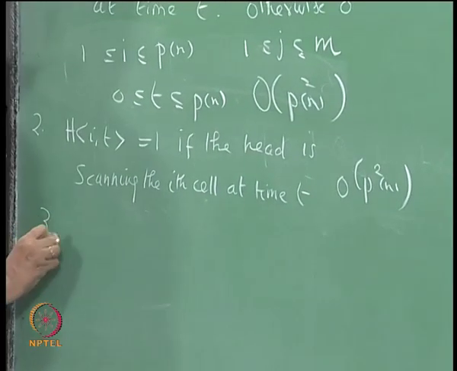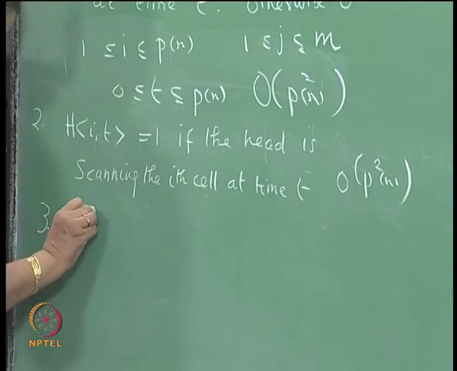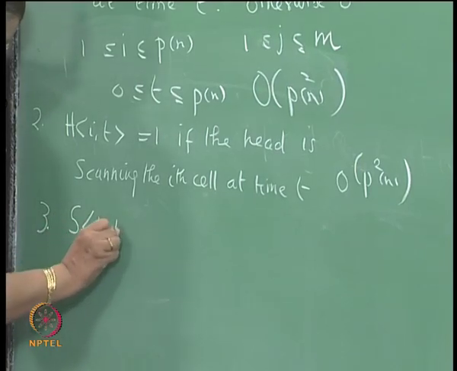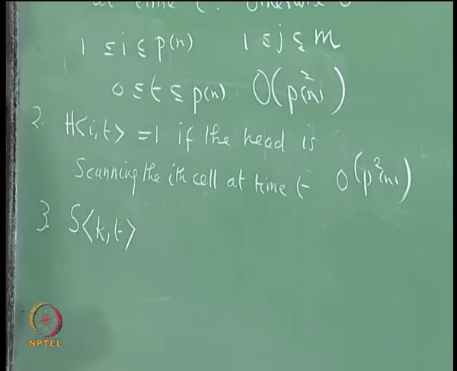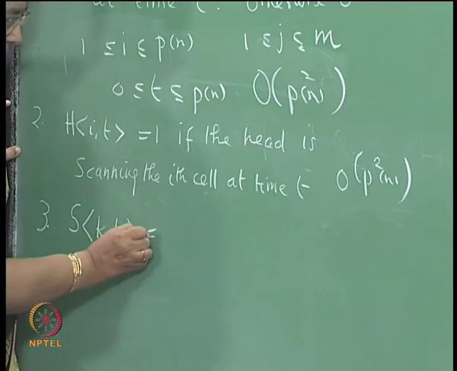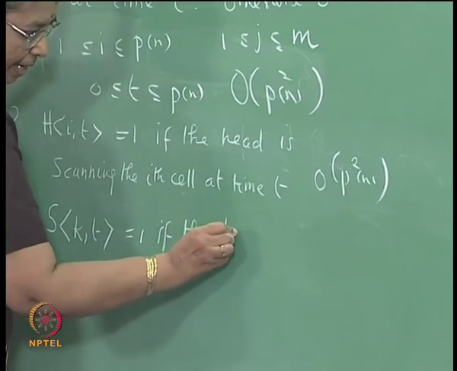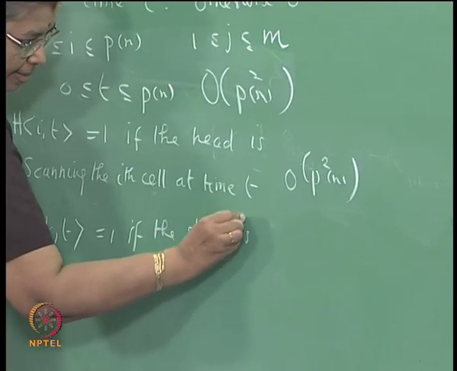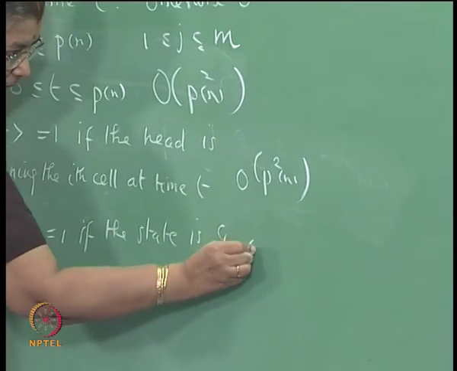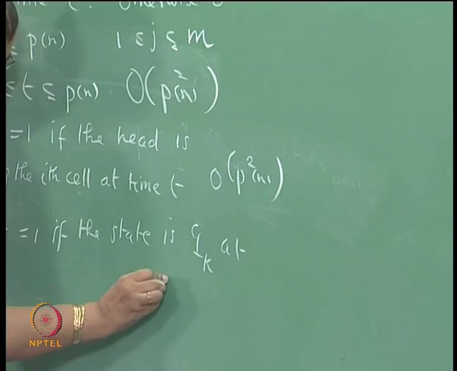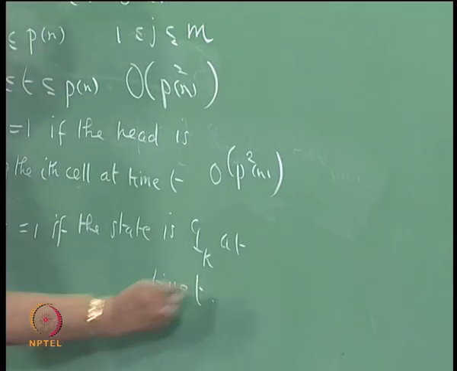Third set of variables, S_kt, S denoting the state. This is equal to 1 if the state is qk at time t.